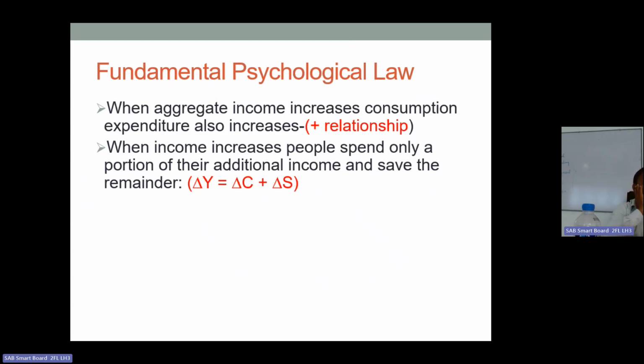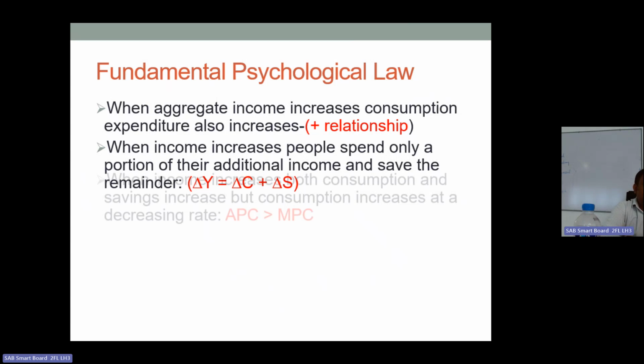That means delta Y, the change in income, is explained by changing consumption, delta C, plus changing savings, delta S. That is the second assumption according to the fundamental psychological law: delta Y equals delta C plus delta S.